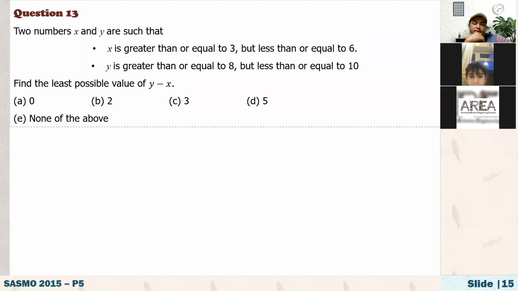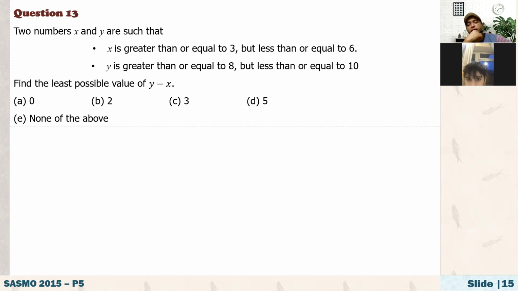Okay. So what should we understand from the first one? It says that x is greater than or equal to 3, but less than or equal to 6.